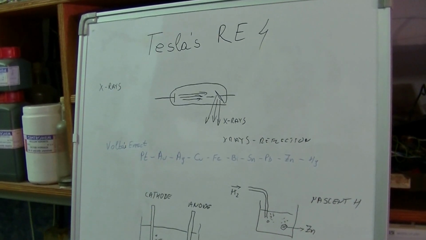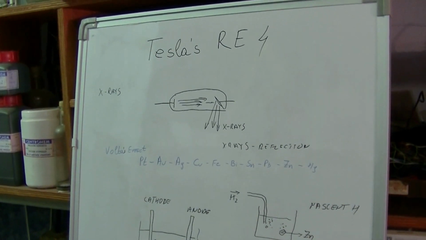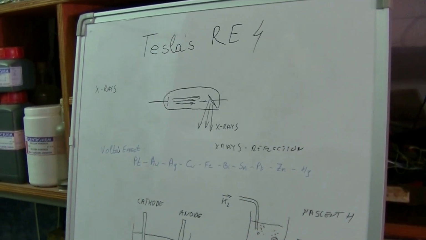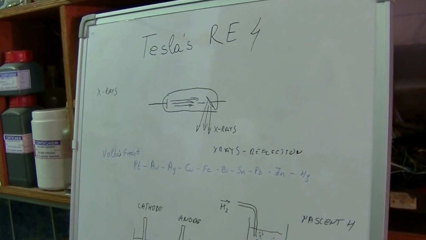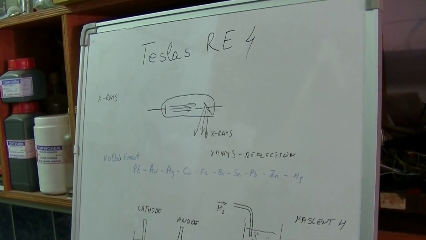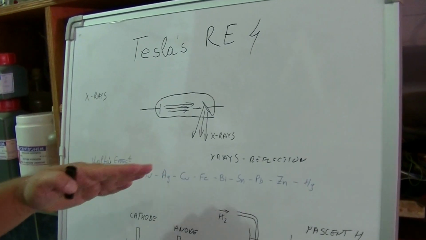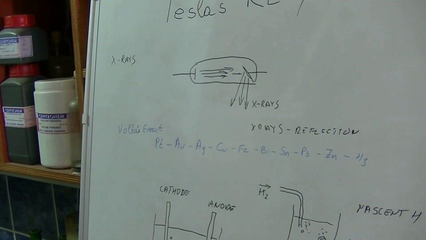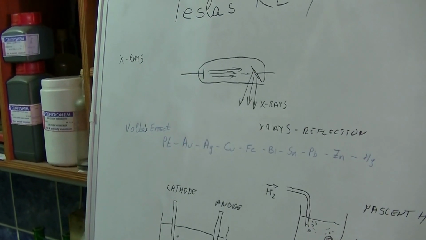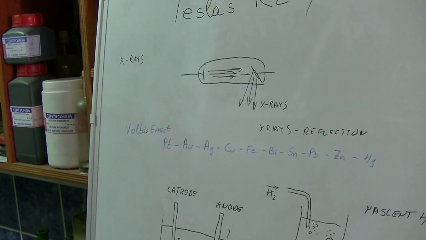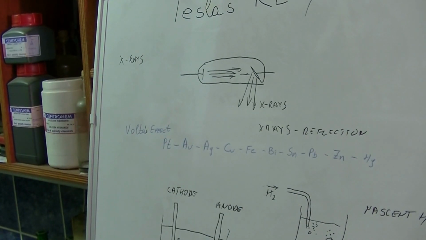After that, everybody worked with X-rays, Tesla as well, and Tesla also tried to see if he could reflect X-rays, and he did. He tried to find which material reflects more, which absorbs, and so on.